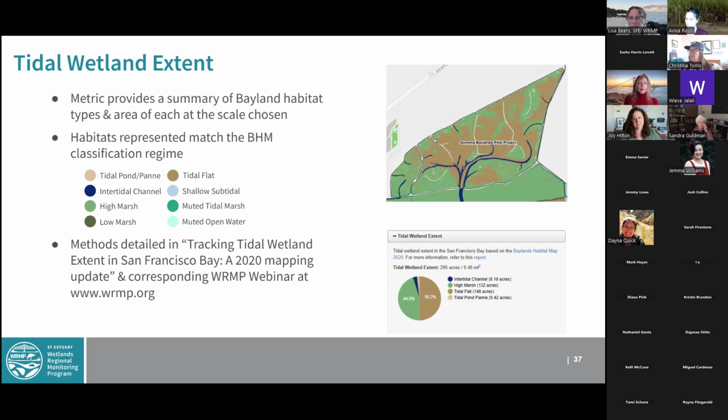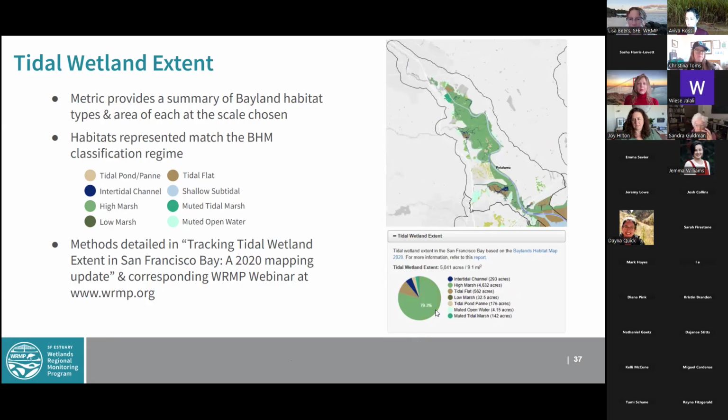I'll draw your attention to the graph and summary, or the map and summary, on the right-hand side of the screen. I'm going to start at the site scale and then go up so you can see how the profile tool can summarize data. I'm narrowing in here at the Sonoma Baylands pilot project, which is a restoration site. Looking at the tidal wetland extent, you can see it's about 50-50 high marsh, or just vegetated marsh, and tidal flats.